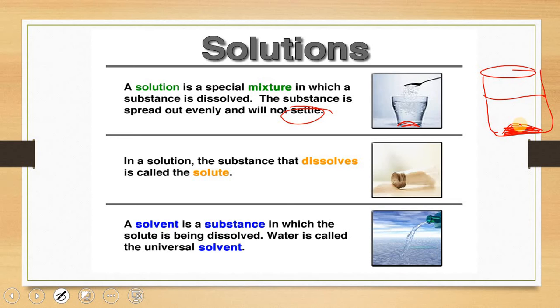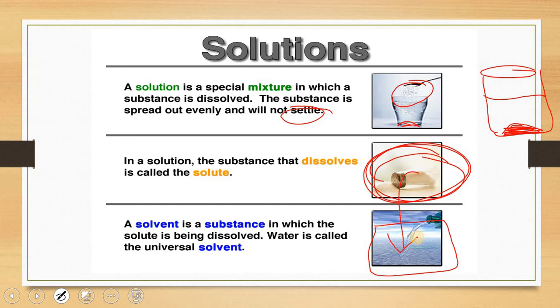Okay, so in the solution, the substance that dissolves is called the solute. For example, salt or sugar, they are known as solute. Okay, yang buku-buku ni solute. And the solvent is a substance in which the solute is being dissolved. So this means the solvent is something where the solute will be dissolved in.